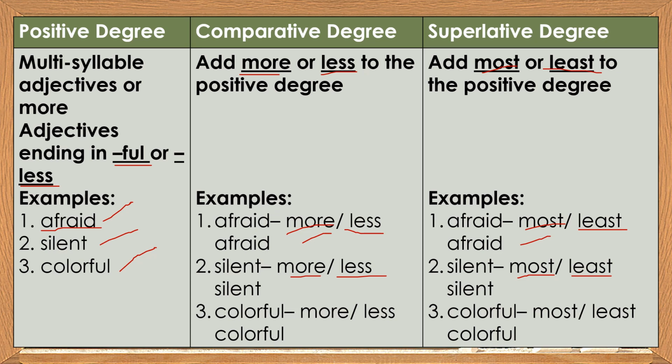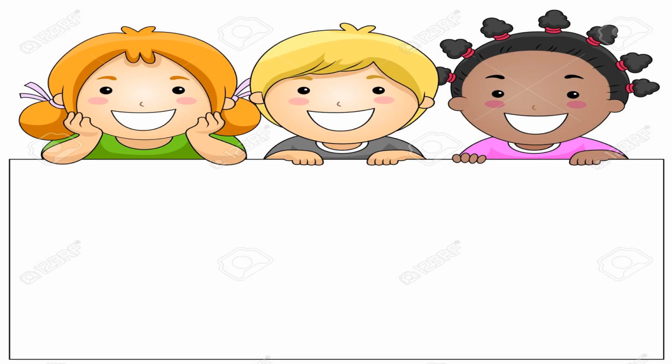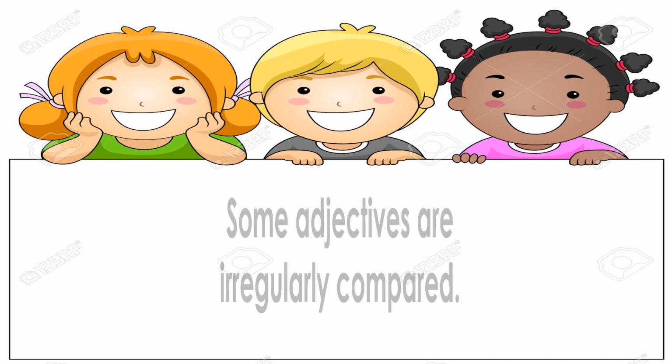We can say more colorful or less colorful under the comparative degree. And for the superlative degree, we can say most colorful or least colorful. So those are the rules under regular adjectives.